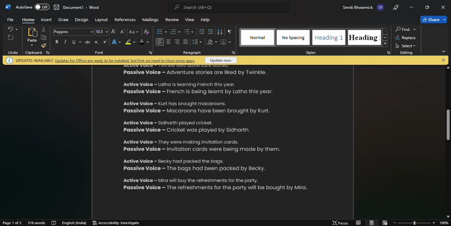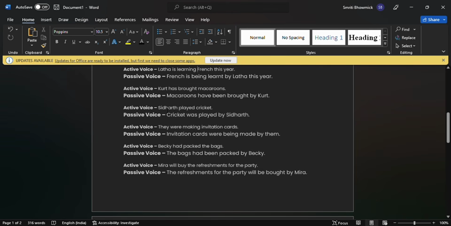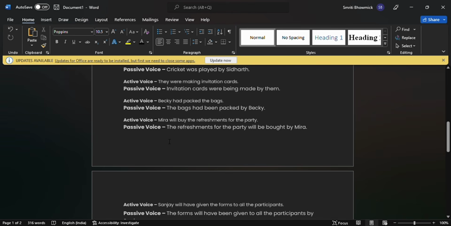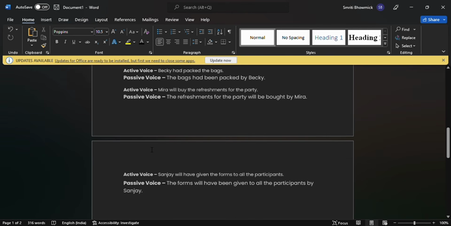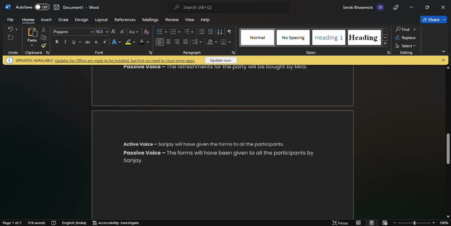You have seen in the present perfect we have used the extra auxiliary verb been, and then we have used the main verb's past participle form. Here pack is the main verb, so we have used the past participle form packed. Then by, and then the subject.